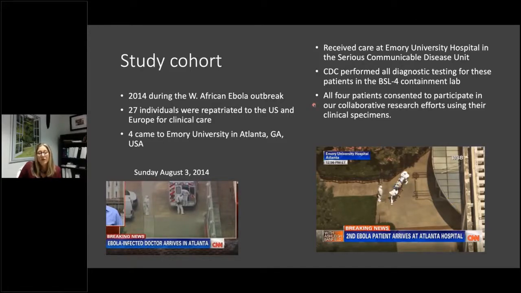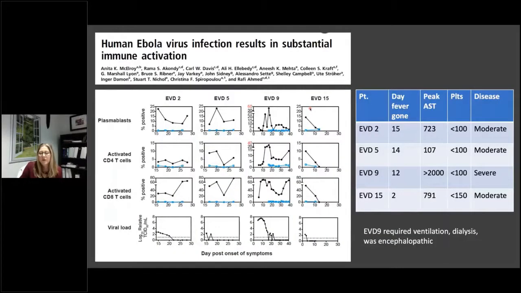However, all the data from the acute phase of their illness was done using residual specimens. Very small clinical samples were taken as part of their clinical care, and then residual samples from the acute phase were used for research. So that's one limitation to the work that we were able to do, because we had very little specimen to work with.